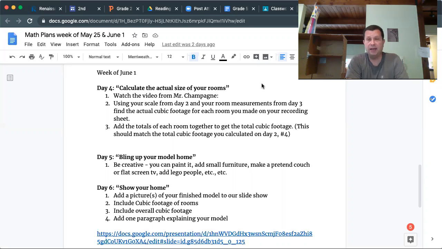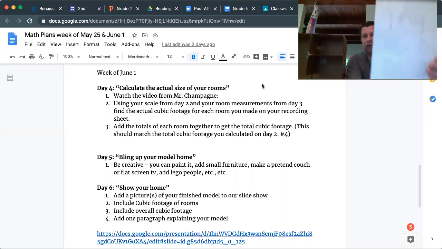My scale was 1 inch equals 2 feet. So I have my calculations for each room in inches, and I'm going to turn that into feet. Having 1 inch per 2 feet is pretty easy because all I do is double it.